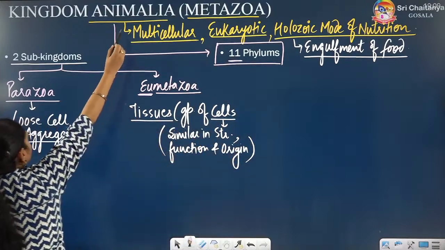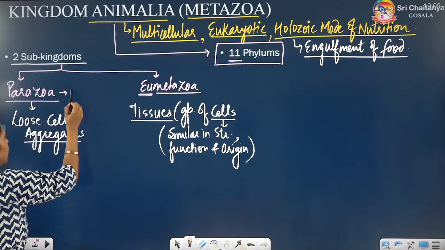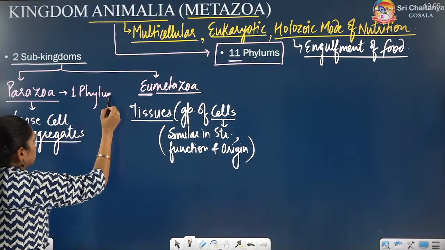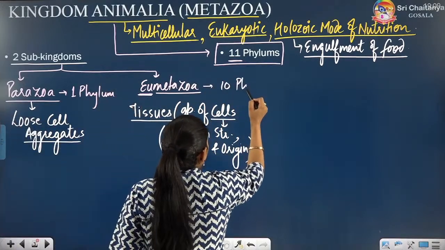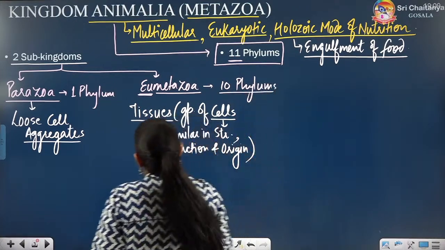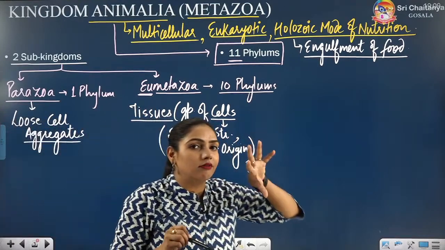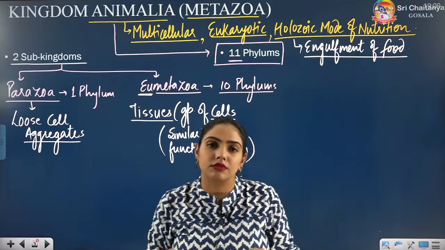If we have divided the Animalia into two subkingdoms, one phylum is coming under the parazoa and the rest of the 10 phylums are coming under the eumetazoa. So except only one phylum, all the other phylums have tissues in them.